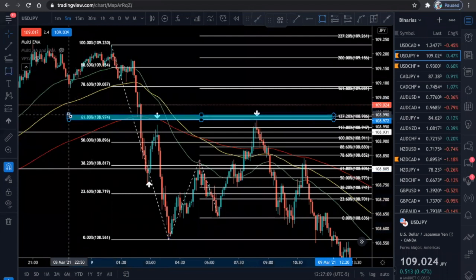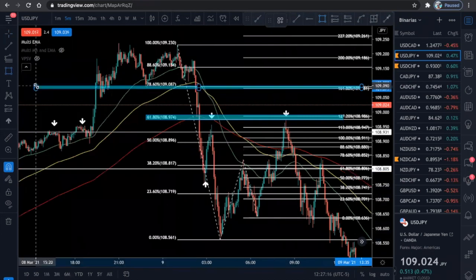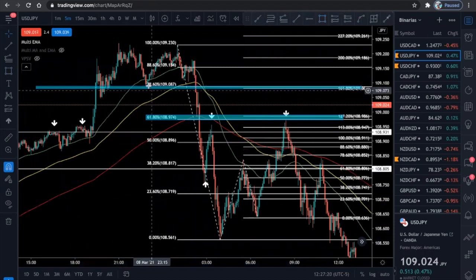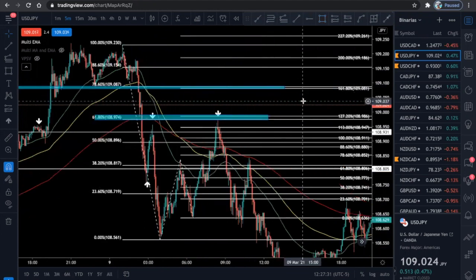This is my zone. Check out here how you have a zone because you have confluence. You have two Fib levels at the same time. See how this confluence is a perfect support here. So if price had come up to this area, this would be a strong area of rejection.